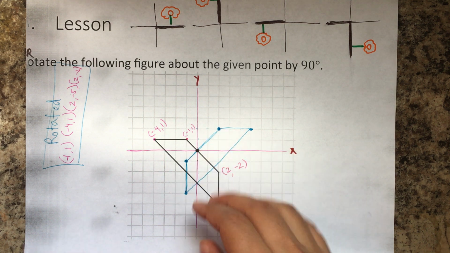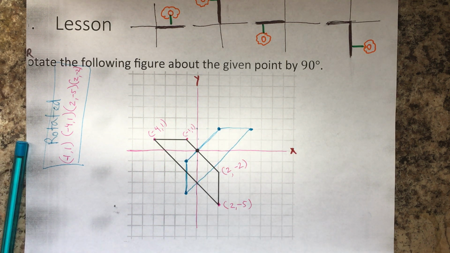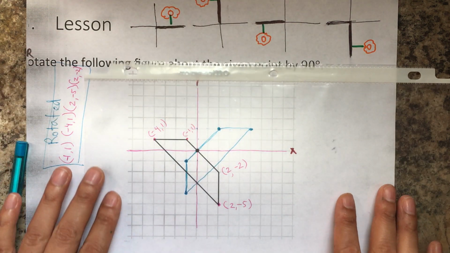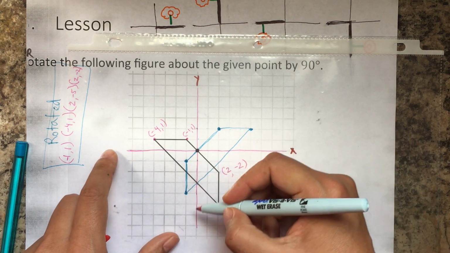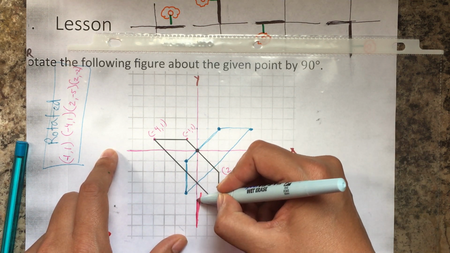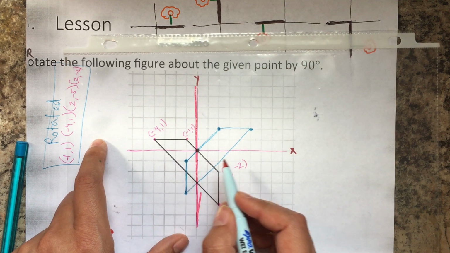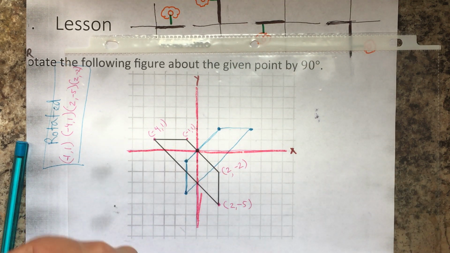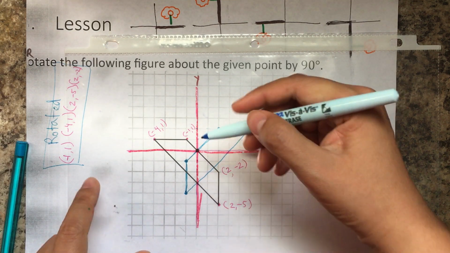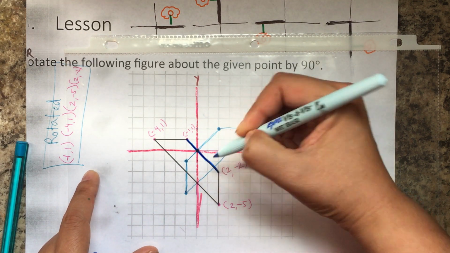Again, remember that if we were to trace this, it means that it moved. Let me trace the original figure and the axis. So the original figure was this one right here in black.